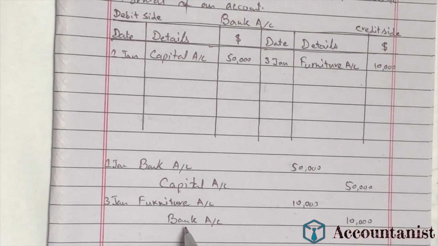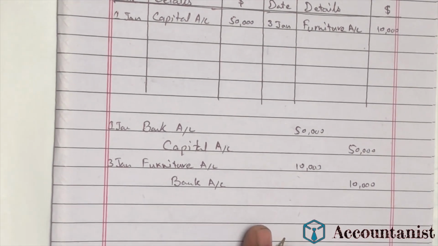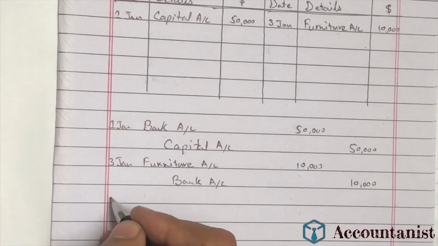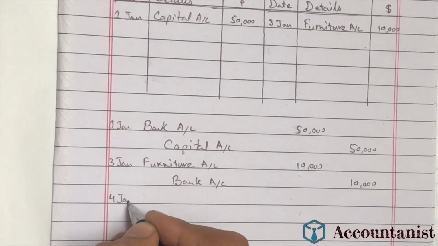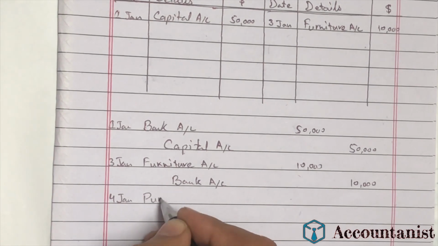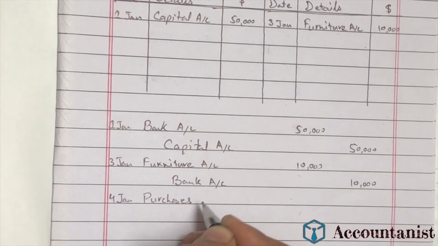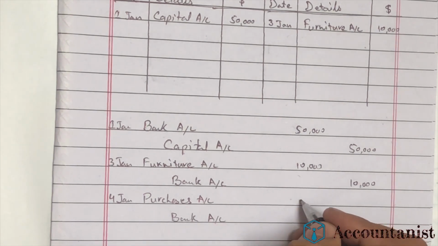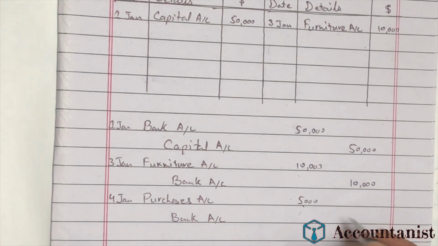So let me show you another entry. Let's suppose that we purchase some goods on 4th of January. So we'll debit the purchases account, and we paid by check, so we are going to credit the bank account, and the amount was 5,000.